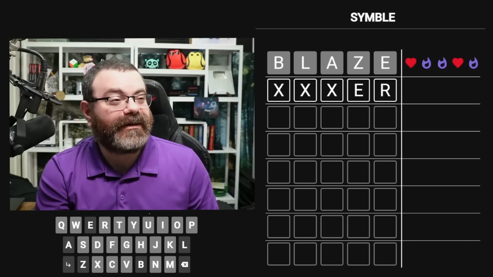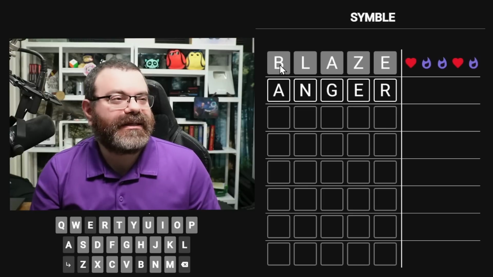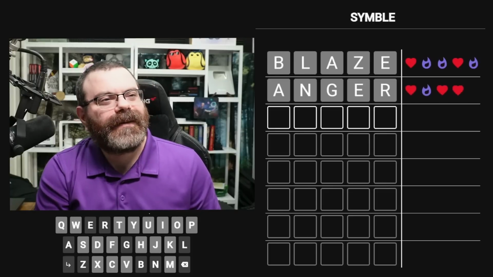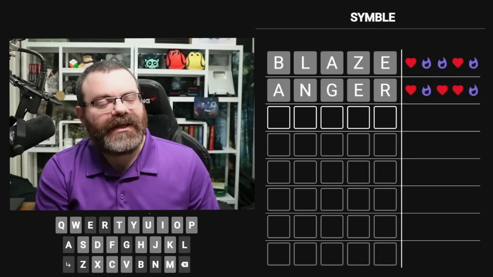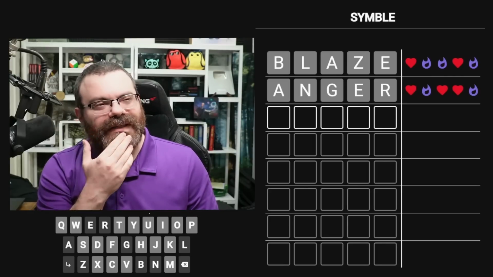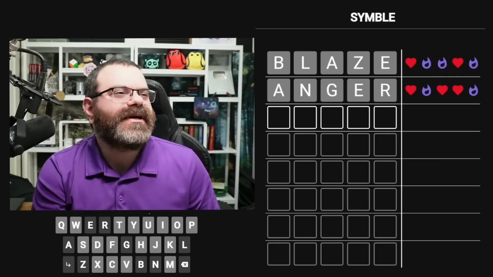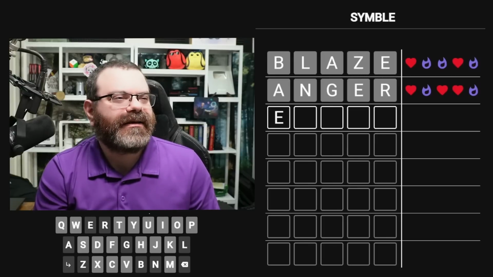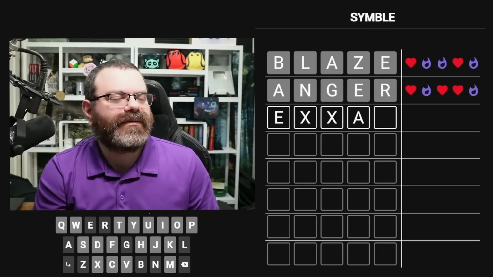And then the first letter could be an L or an A. You know what? Let's go with anger. I think that works. That puts the A in this spot and the E in this spot, following these hearts. Interesting. So this would, if the heart is indeed our yellows, then we have to swap our E and A. And then our third letter needs to be either an N or an R.